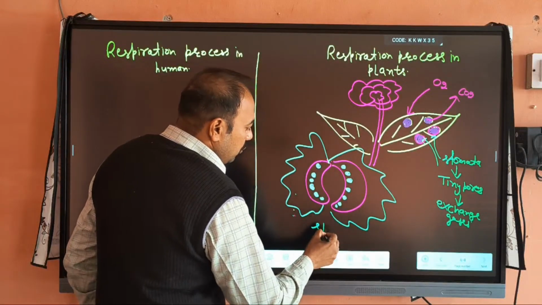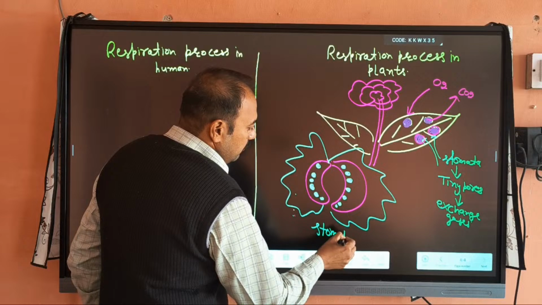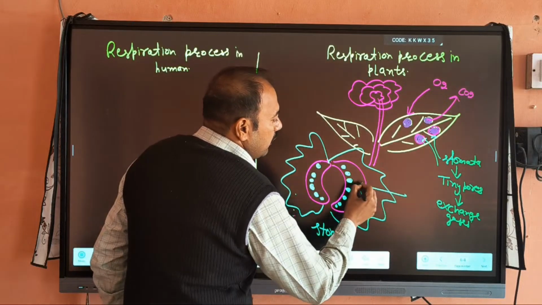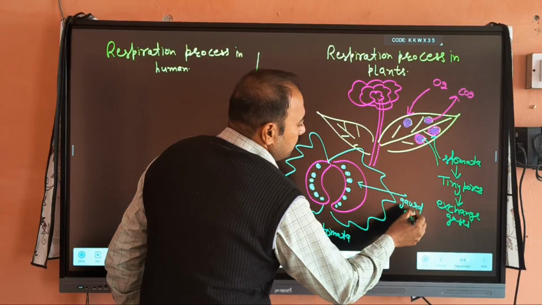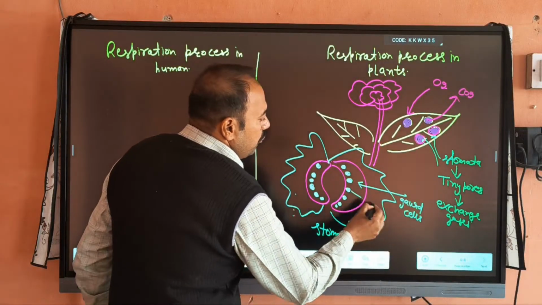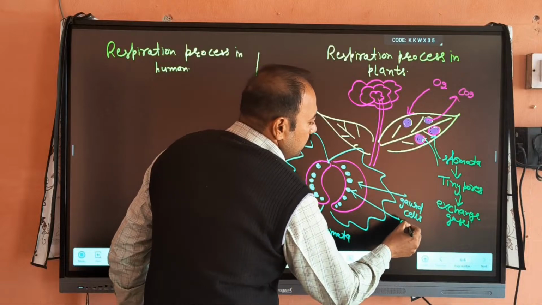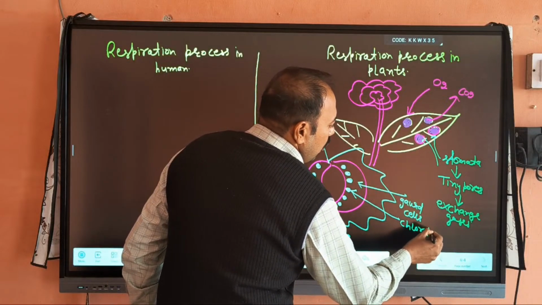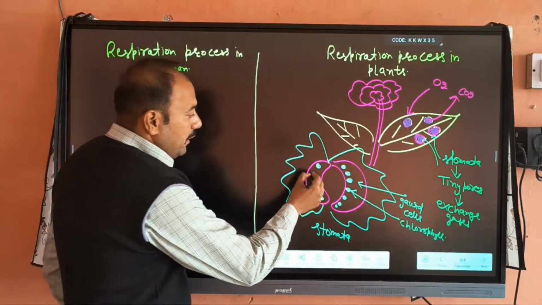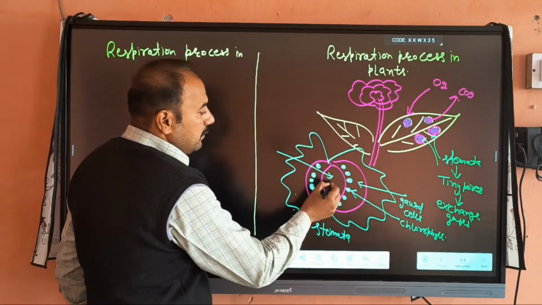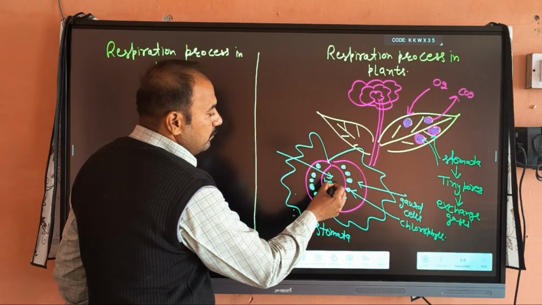This is the stomata, this is the guard cell, and this is the chlorophyll. This space is known as the pores.